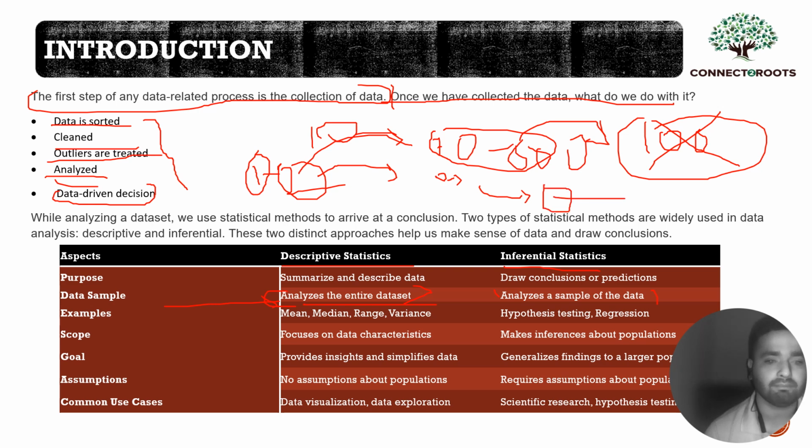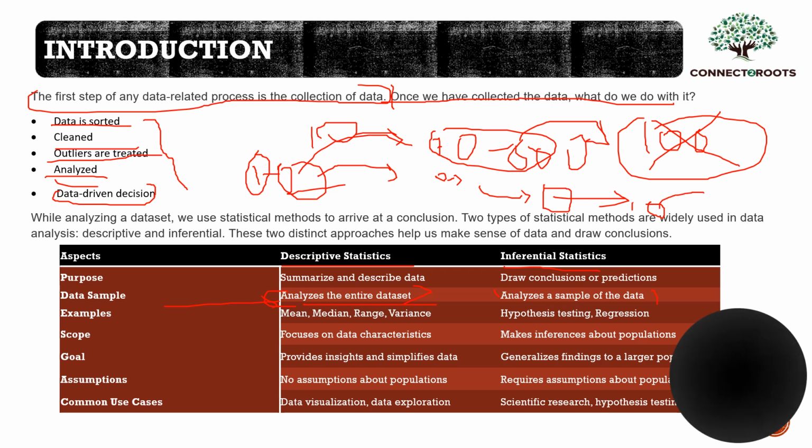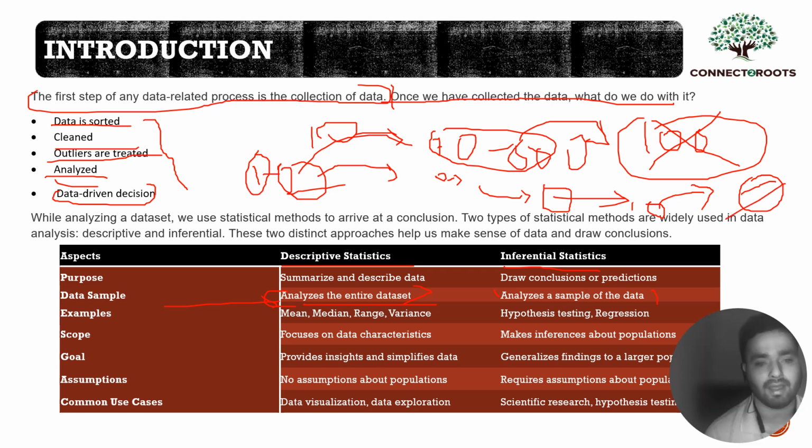A sample gives us the essence of what the population may be. For example, if we take a sample of 10 people and find that the children are malnourished, we can say from this sample that most of the children in our population are malnourished.